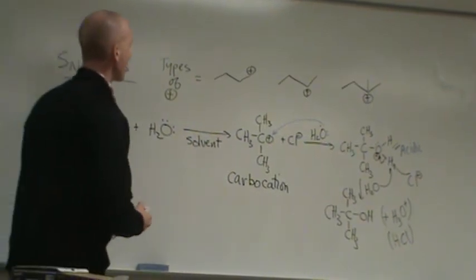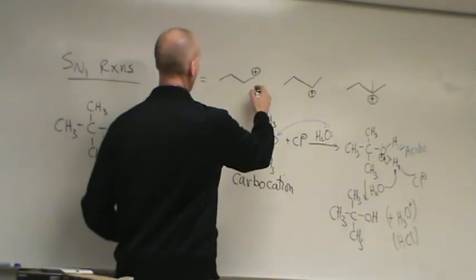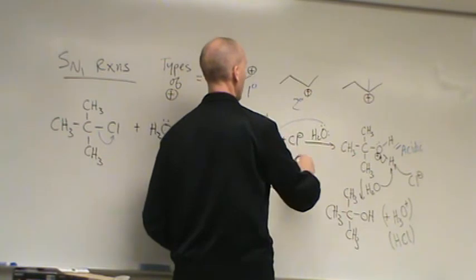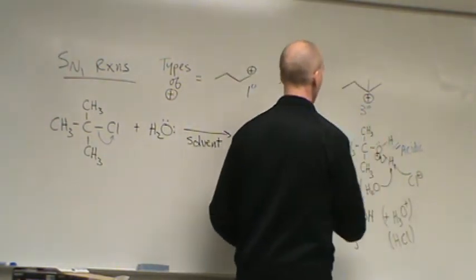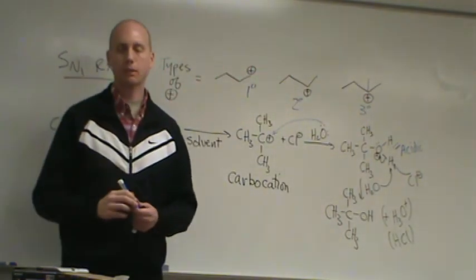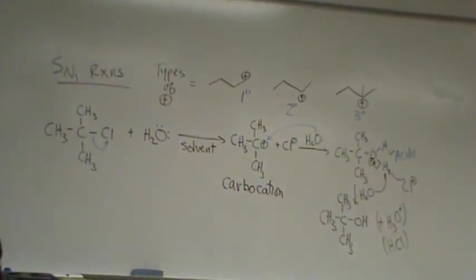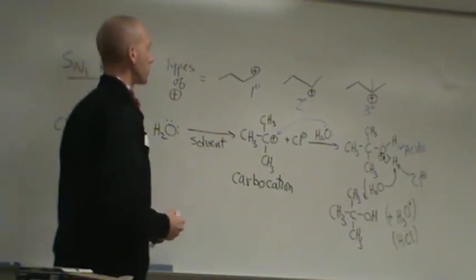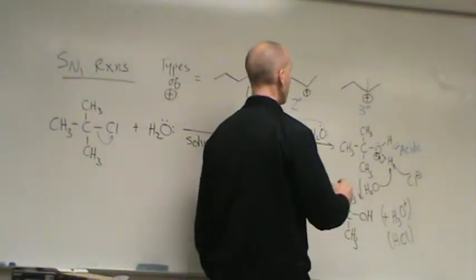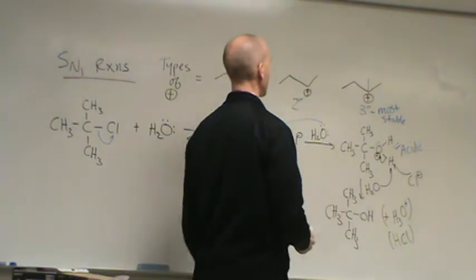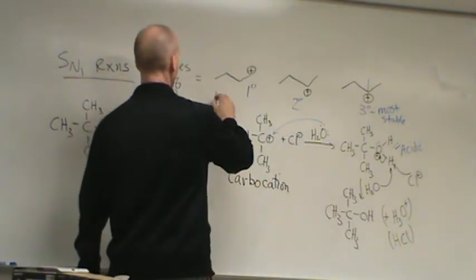So here, this will be a primary carbocation, secondary carbocation, and tertiary. And the stability order follows the same as radicals. So what would be the most stable? Tertiary. And the primary would be the least stable.